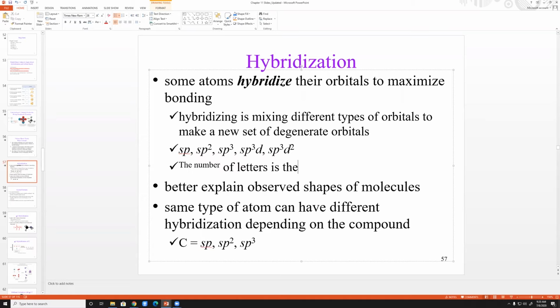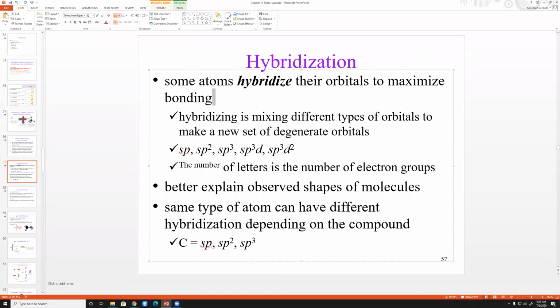What that means is, in sp, there are 2 letters. Therefore, 2 electron groups in the atom you're talking about. sp2, there are 3 letters. Think about the 2 and the 3 as exponents.